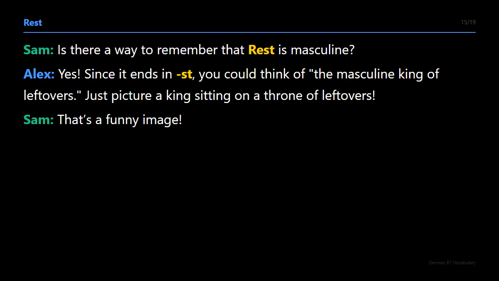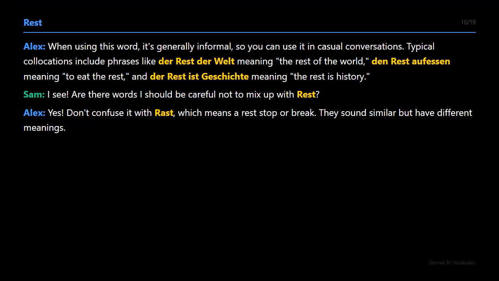Rest is masculine. Yes. Since it ends in a consonant, you could think of the masculine king of leftovers. Just picture a king sitting on a throne of leftovers. That's a funny image. When using this word, it's generally informal, so you can use it in casual conversations.